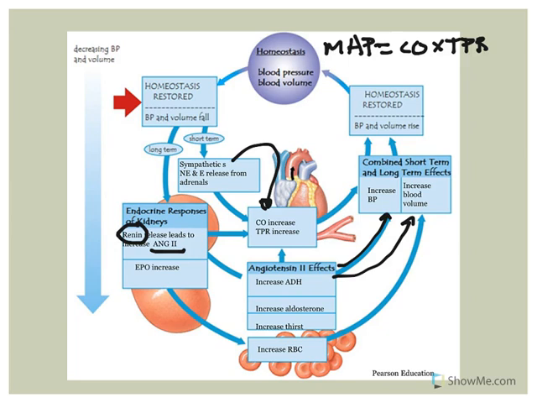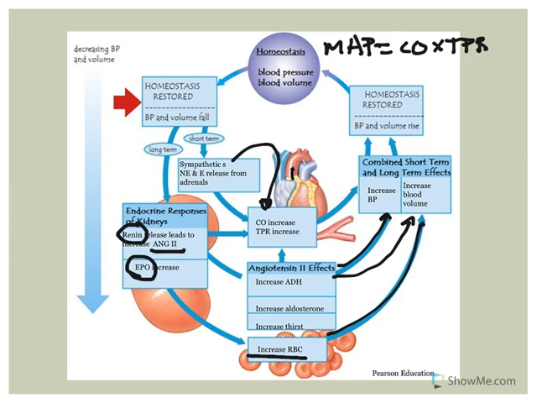Now, another thing that the kidneys do is they secrete erythropoietin, and the stimulus for that is hypoxia, which would happen if you had insufficient blood pressure or blood volume. That would increase red blood cell production, and more red blood cells result in an increase in blood volume. Again, this would help to restore homeostasis.